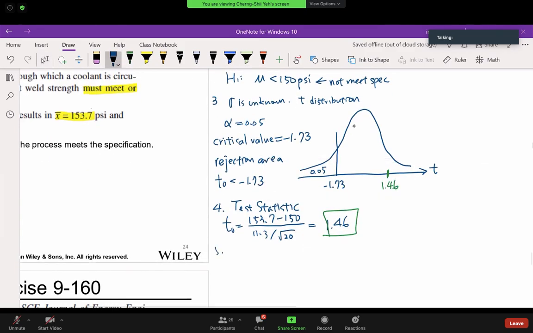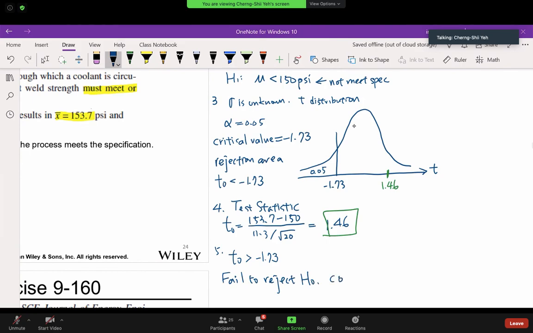So since my test statistic is greater than negative 1.73, we do not meet the rejection criteria. In other words, we fail to reject the null hypothesis.